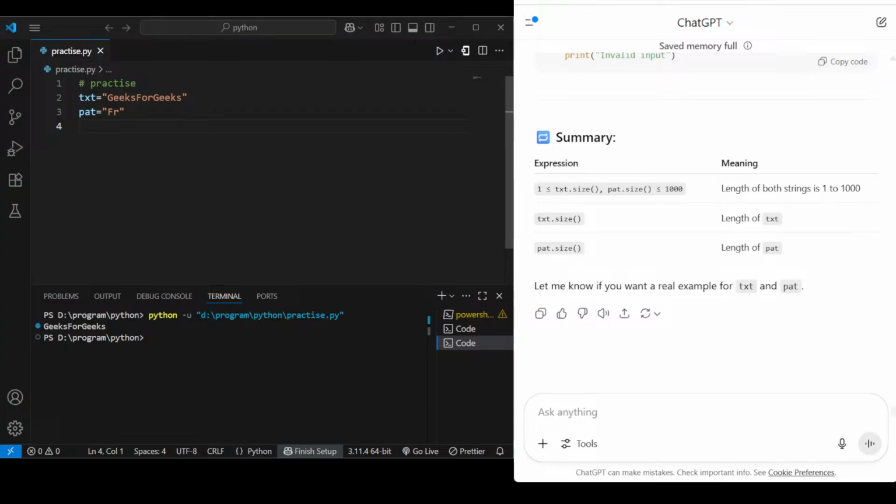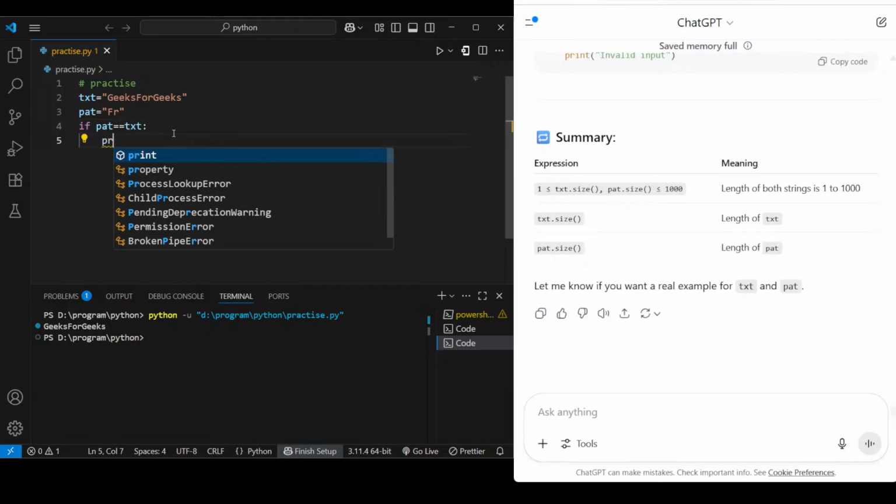Let's try to use if pat equal to text, print.